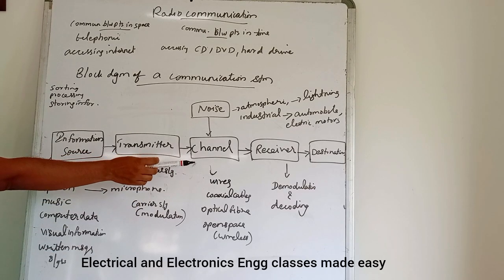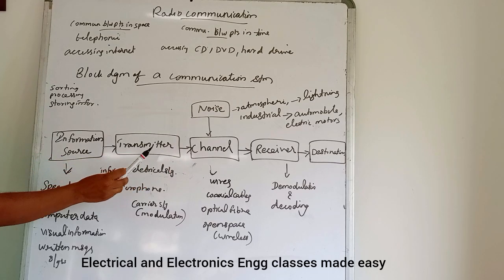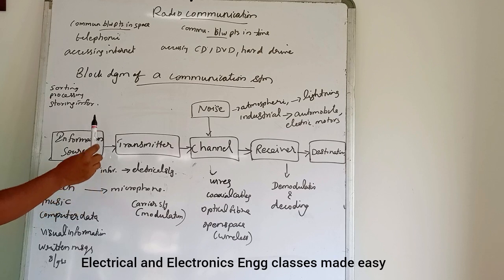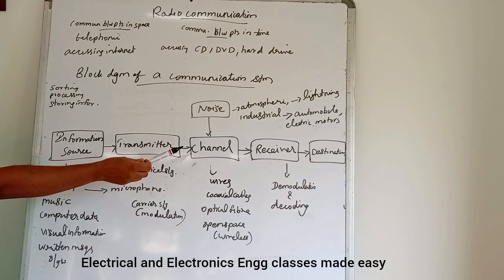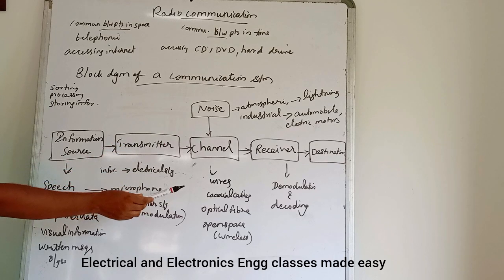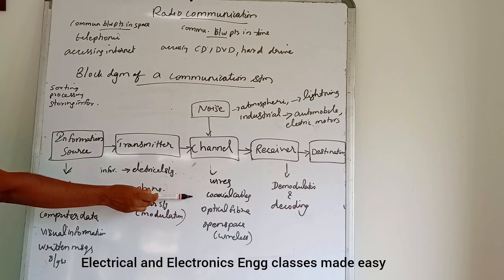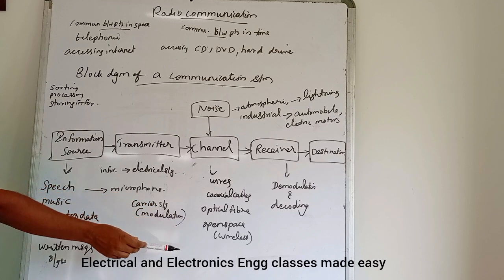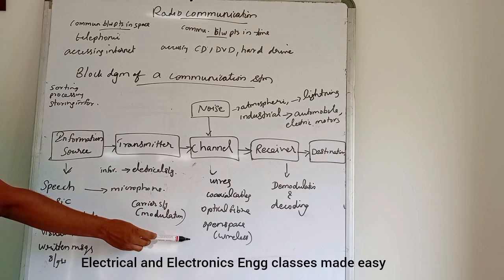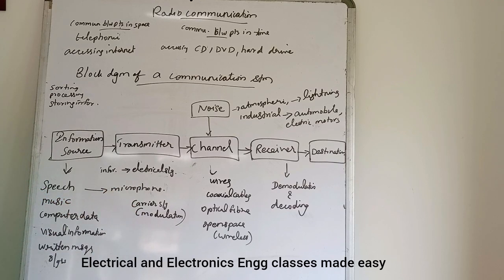Next is communication channel. The communication channel is the medium by which the electronic signal is sent from one place to another. The channel may be a pair of wires, then coaxial cables, that is in the case of telephone, then optical fiber, or maybe an open space, that is wireless in case of radio transmission.